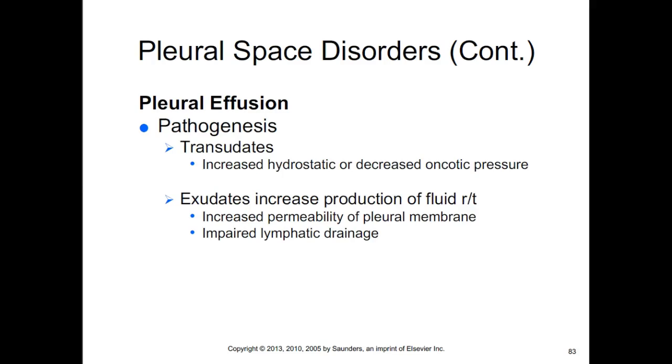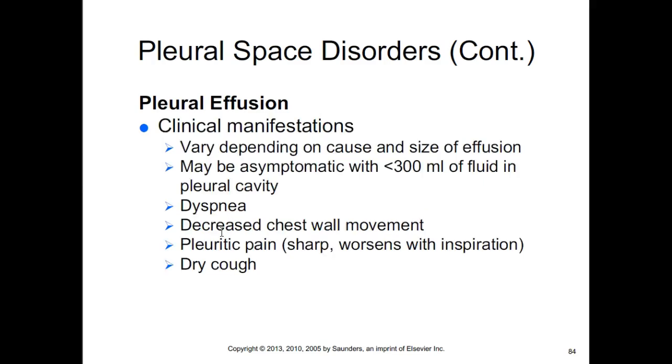Right, so transudates, remember, low in protein, right, increased hydrostatic or decreased oncotic pressure, right? So remember, oncotic pressure has to do with the movement of fluid from the tissue back into the blood, because the blood is high in protein and the tissue fluid is low in protein, right? So exudates, right, increased permeability of the pleural membrane or impaired lymphatic drainage.